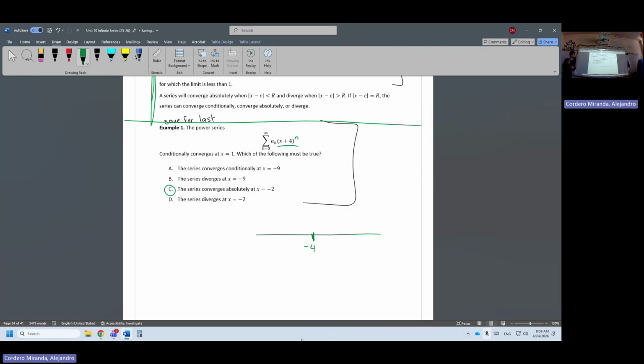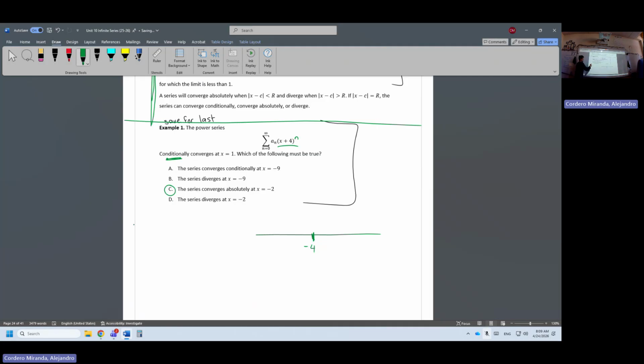And then the fact that it tells you that the series conditionally converges at x equals 1 basically tells you that that's the endpoint of the interval of convergence. Because if it was within the interval of convergence, then it would converge absolutely. That's what the ratio test said.